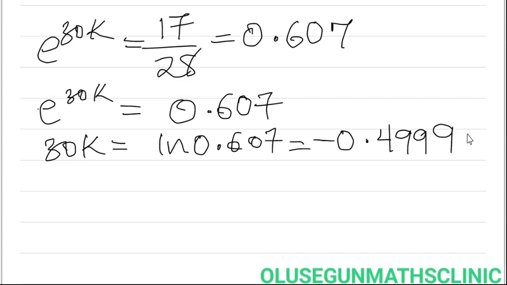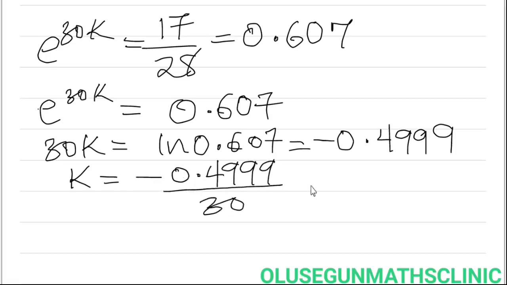So k is equal to minus 0.4999 over 30. Dividing by 30, we have minus 0.01666, which we approximate to minus 0.01663.